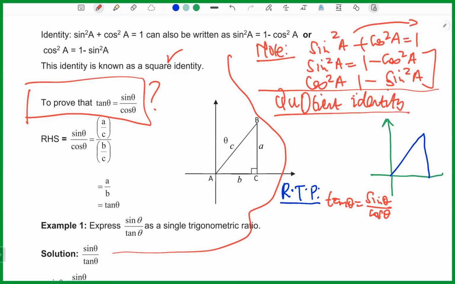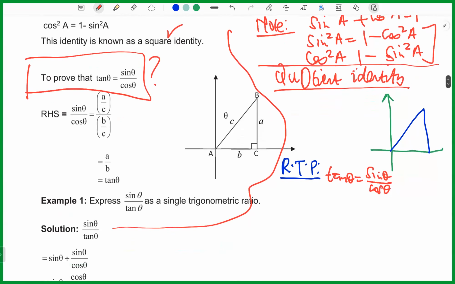So we continue. How do you prove this? You take a side and you prove that it is equal to the other. The person who wrote this book decided to take the right-hand side, so we can just take the right-hand side. It's easier that way.